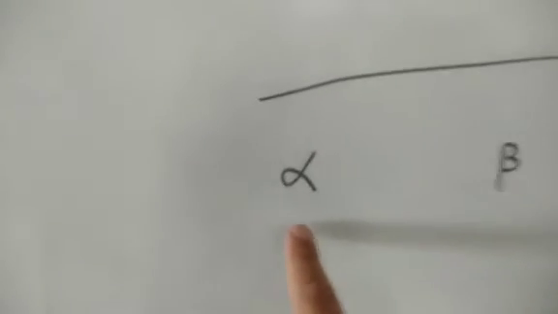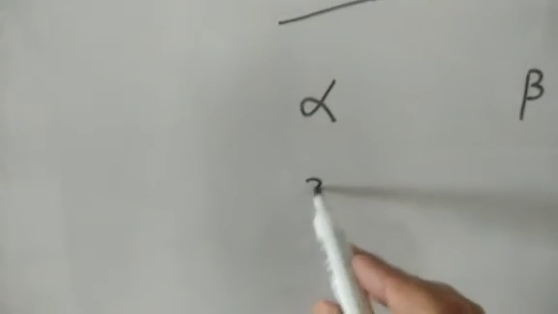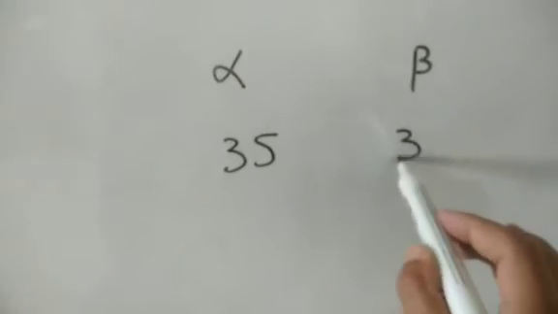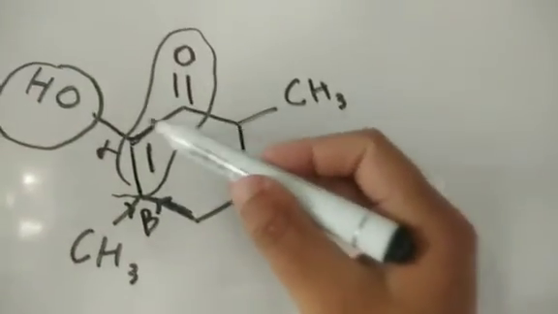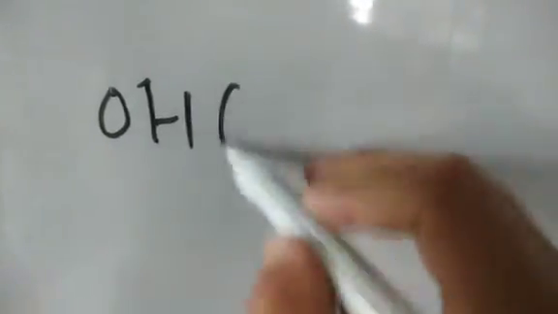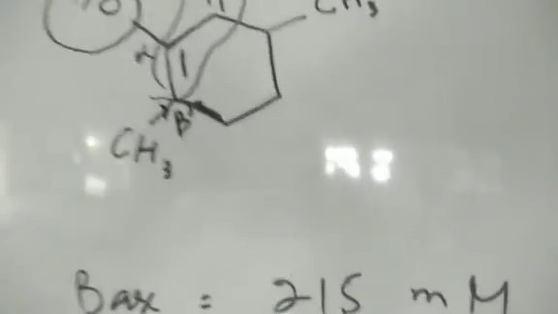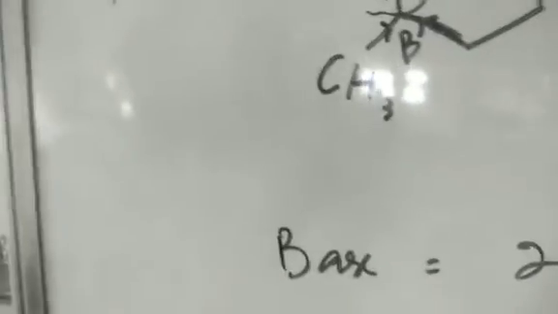So if you have the hydroxyl group at the alpha position, then you have to add 35. And if it is at the beta position, you have to add 30. So the contribution decreases at the beta position. Now since this is at the alpha position, the contribution of the hydroxyl group is 35. So I think this is what we have in this compound.